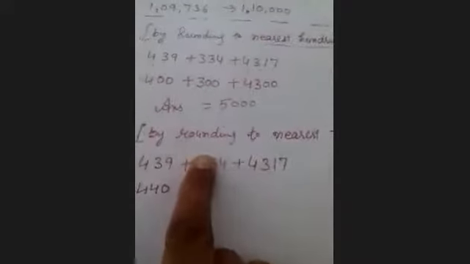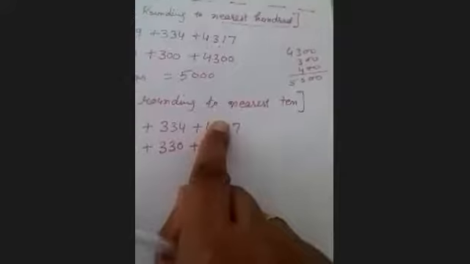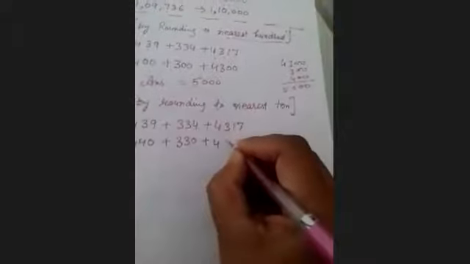Now the next number is 4, so the nearest value will be 330. Ones, tens. Next number is 7, so the nearest value is 4320.